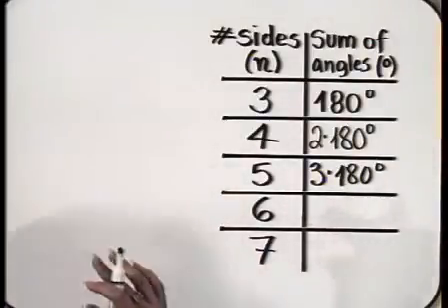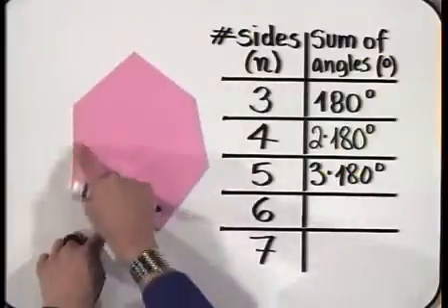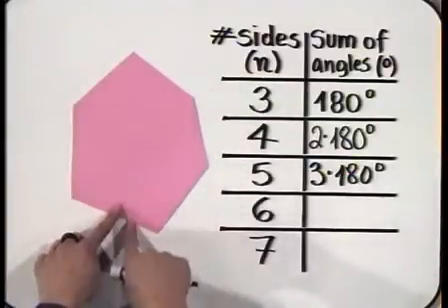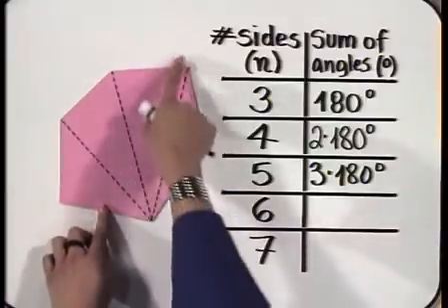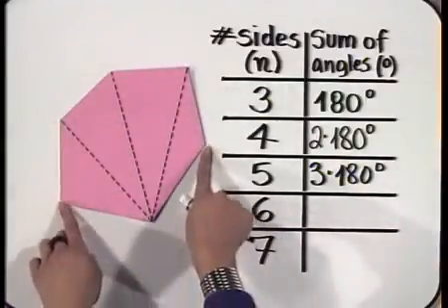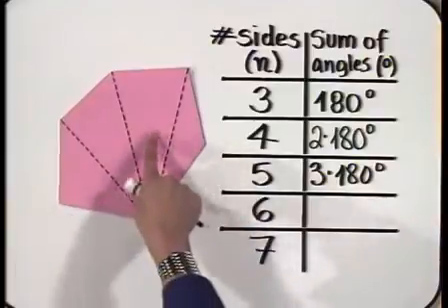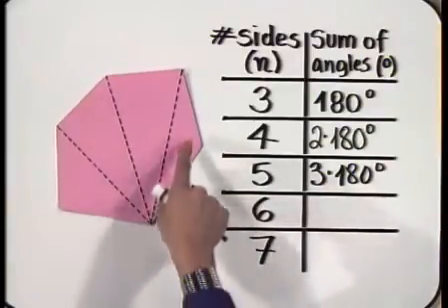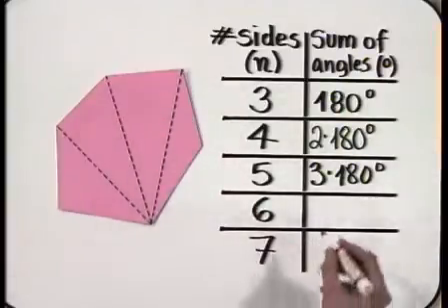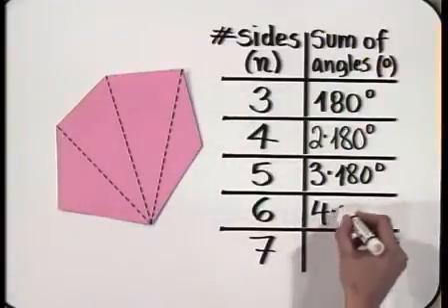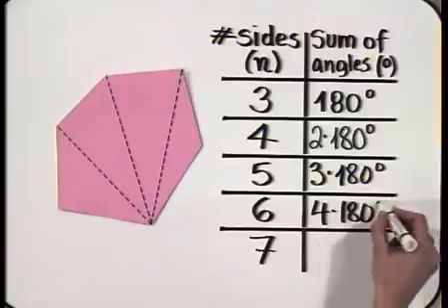Let's go to a hexagon. 1, 2, 3, 4, 5, 6 sides. If I connect any one of the vertices to the other 3 that are not adjacent, I form 4 triangles. Each of these 4 triangles has 180 degrees, so that's 4 times 180.